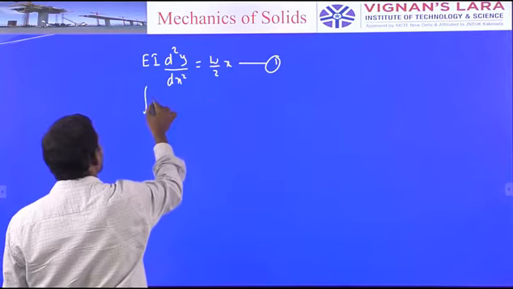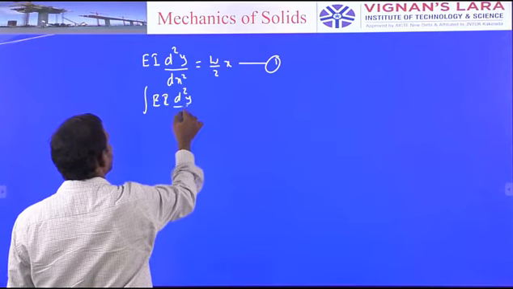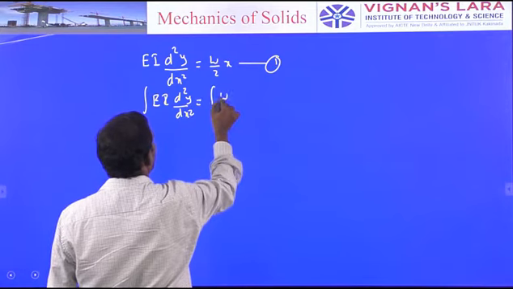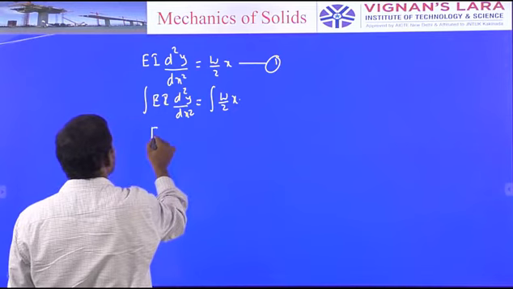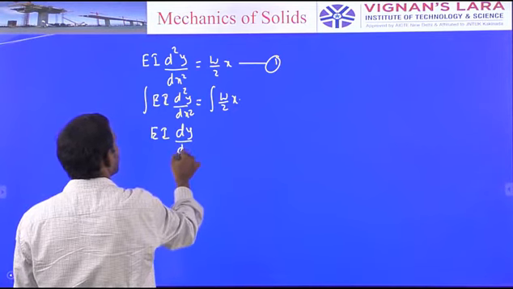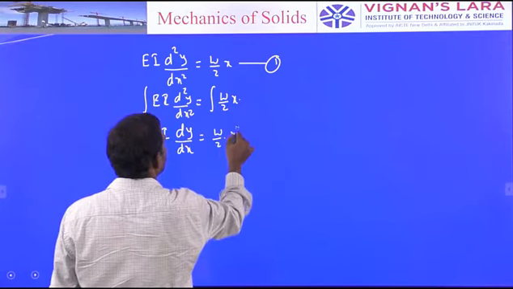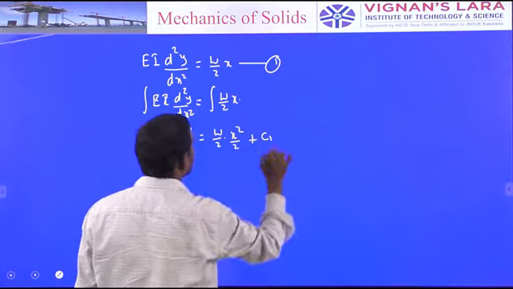Once it is integrated, EI dy by dx is equal to W by 2 into x square by 2 plus C1.